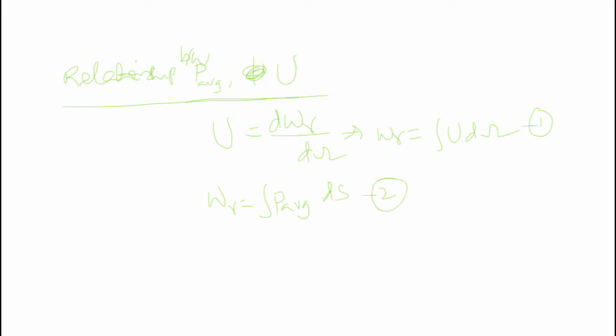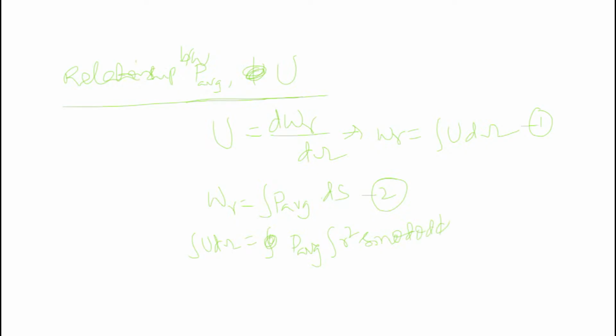Therefore, we can write integral U d omega equals P average, as it is average, it is constant, we can write outside of the integration, integral ds, r square sin theta d theta d phi.